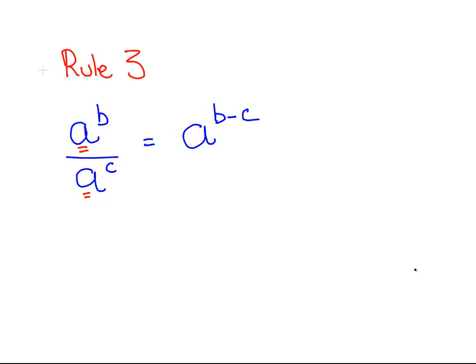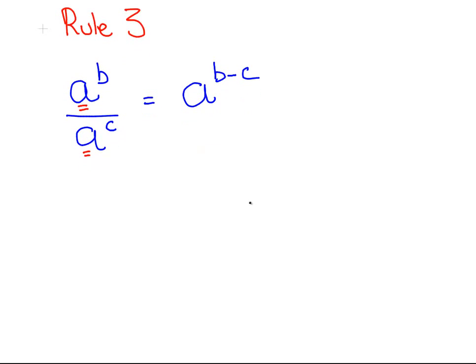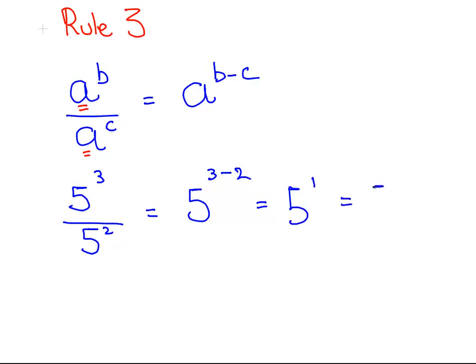So, for example, if we had 5 cubed divided by 5 squared, that is equal to 5 to the power of 3 minus 2, that's equal to 5 to the power of 1, that's equal to 5.